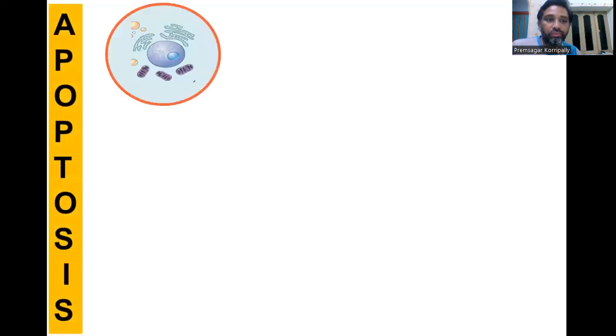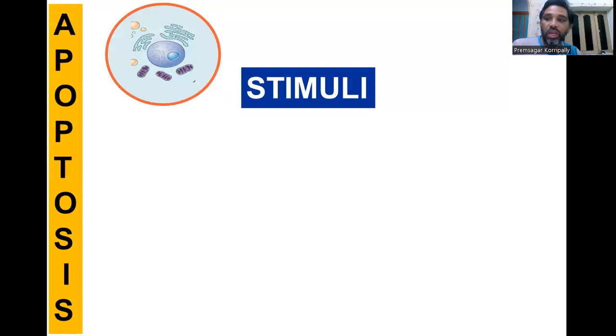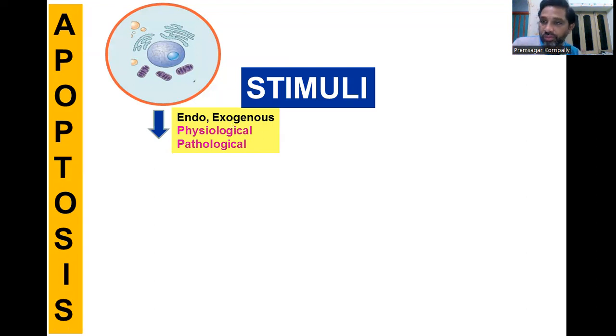You will see a cartoon here. Apoptosis always requires stimuli. A cell doesn't undergo apoptosis without stimuli. The stimuli for apoptosis may be endogenous or exogenous, and can be physiological or pathological stimuli.